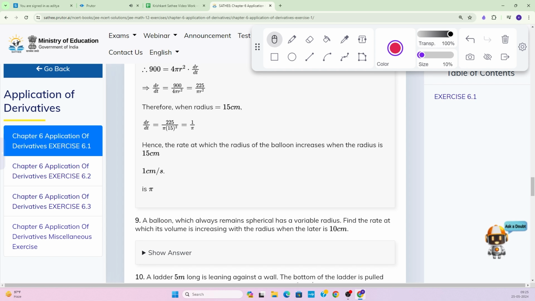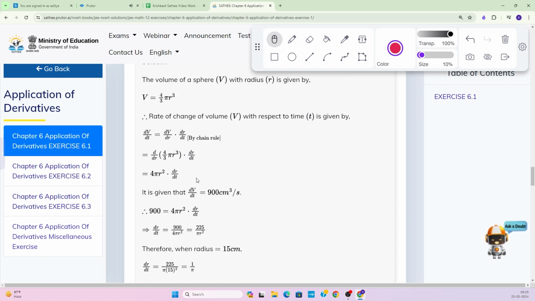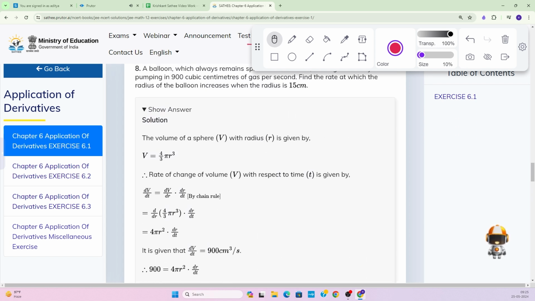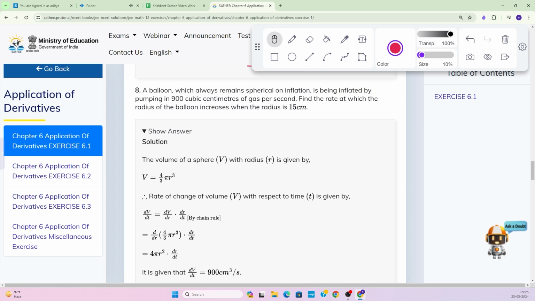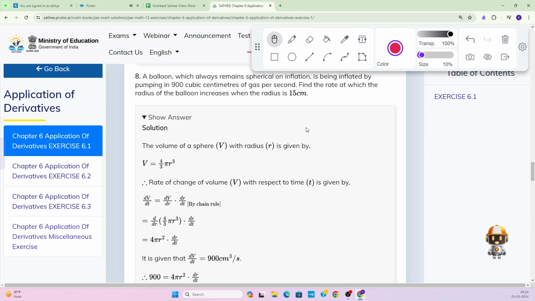Now once again, let me show you what the question is asking for. A balloon is inflated by pumping in 900 centimeter cube of gas per second. So dV by dt is given. You want dr by dt when the radius is 15. First of all, find dV by dt.